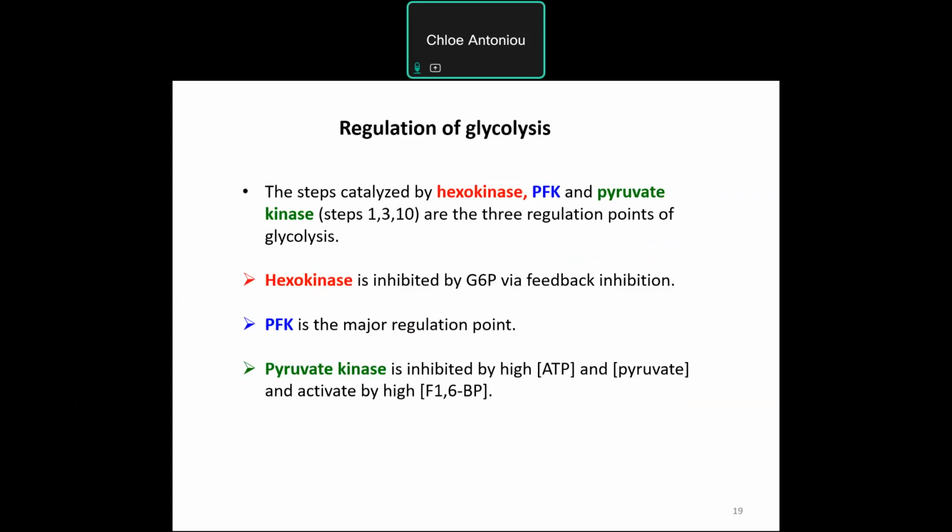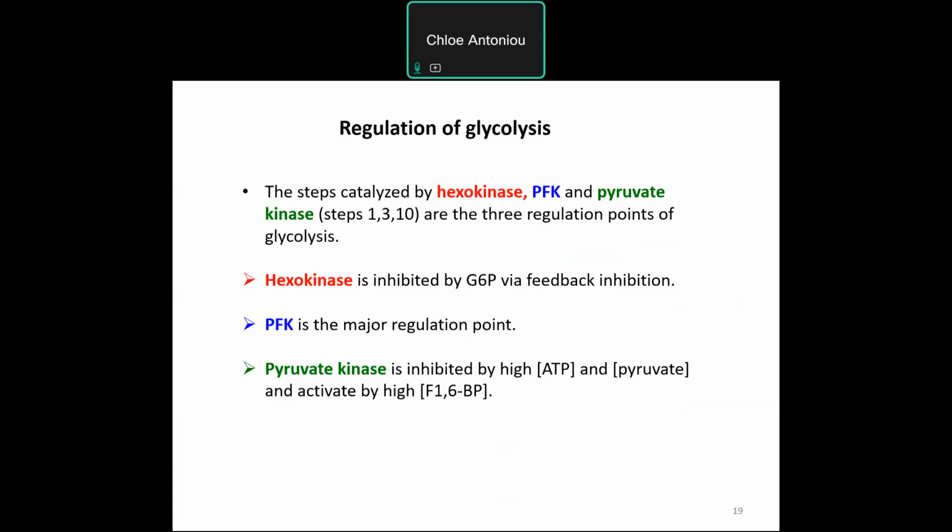So how are they regulated? Okay, hexokinase. Remember, hexokinase converts glucose to glucose 6-phosphate. Feedback inhibition. What does feedback inhibition mean? When somebody says this enzyme is inhibited by feedback inhibition, does anybody know what that means? Yes?